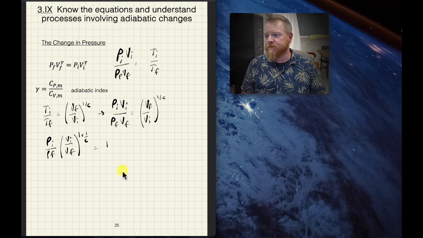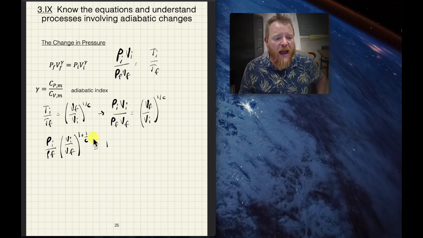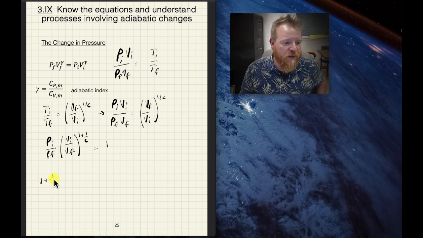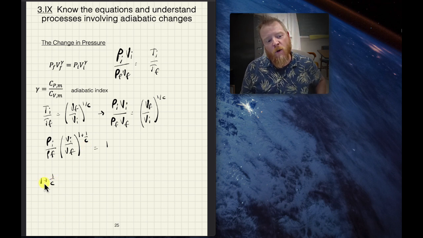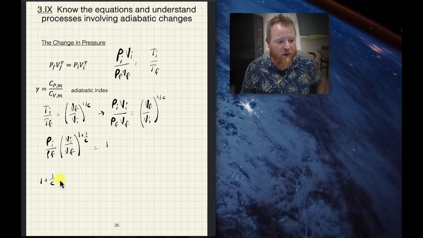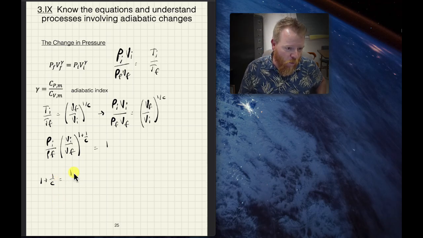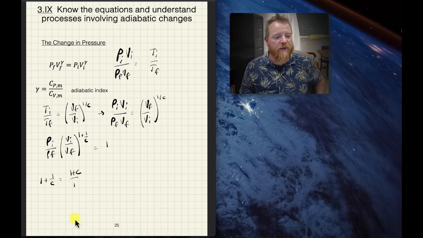Okay. So now we've got to figure out what to do with this constant here. So let's play some algebra with that constant. 1 plus 1 over C. We know that doing some algebra, we can call that 1 plus C divided by 1.